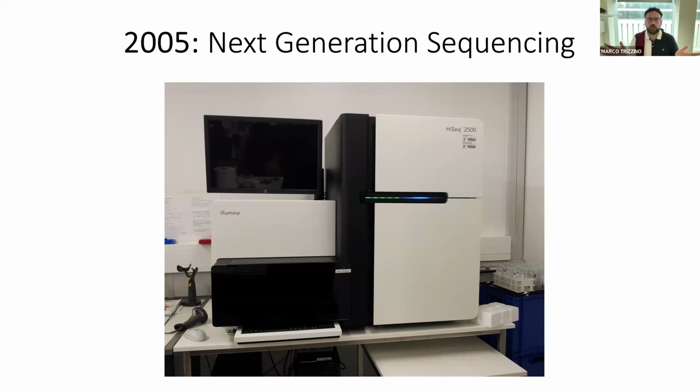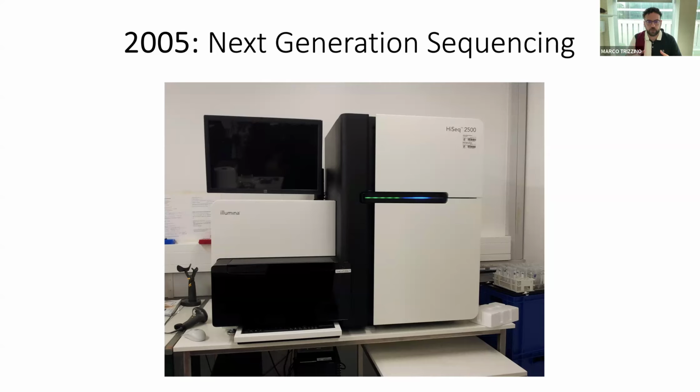But then in 2005, there was the big biotech revolution in genome sequencing, which we still refer to as next generation sequencing, which is an approach, a technique that allows you to sequence your entire genome or specific characteristics of the genome in a few minutes for a very low price.